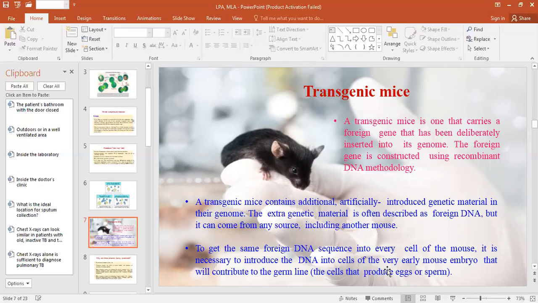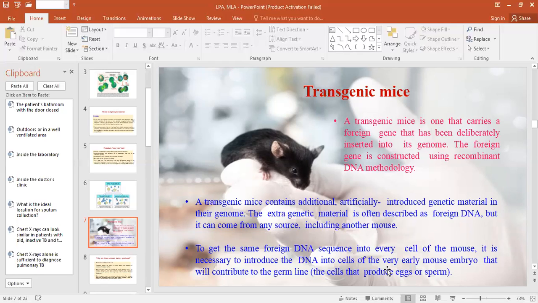These genes are found in the nucleus of every cell of the body, so all of the mouse's cells contain the new DNA. The foreign DNA can come from any source, and may be human, from another animal, or from another mouse. The change in DNA usually means the cells gain a function, such as producing a new protein.